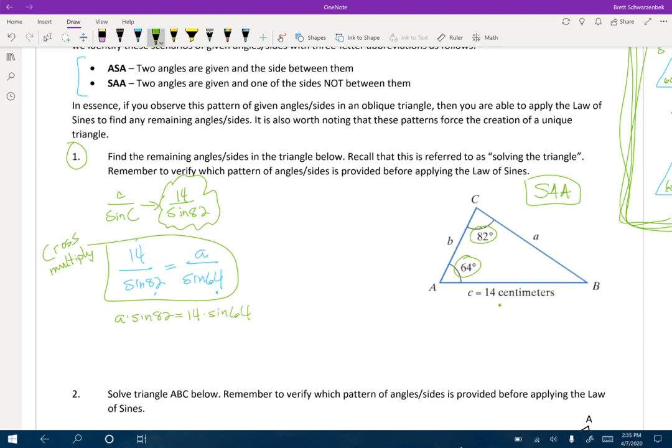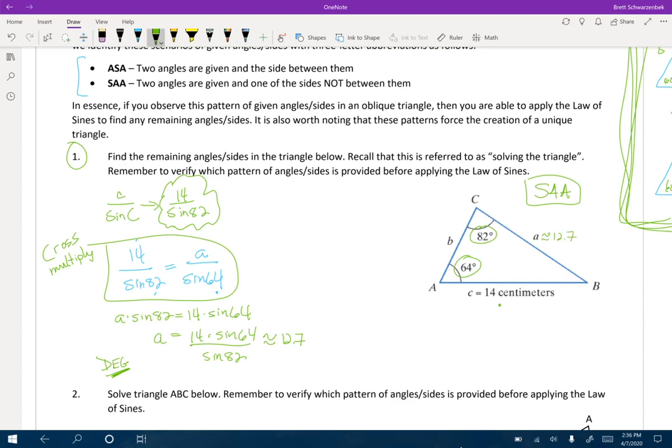Okay, and what do we need to solve for a? So we can divide both sides by the sine of 82. Okay, the rest of this is calculator work. So you would type 14 times the sine of 64 over the sine of 82, making sure you're in degree mode. And you would get approximately 12.7 as the missing side a.